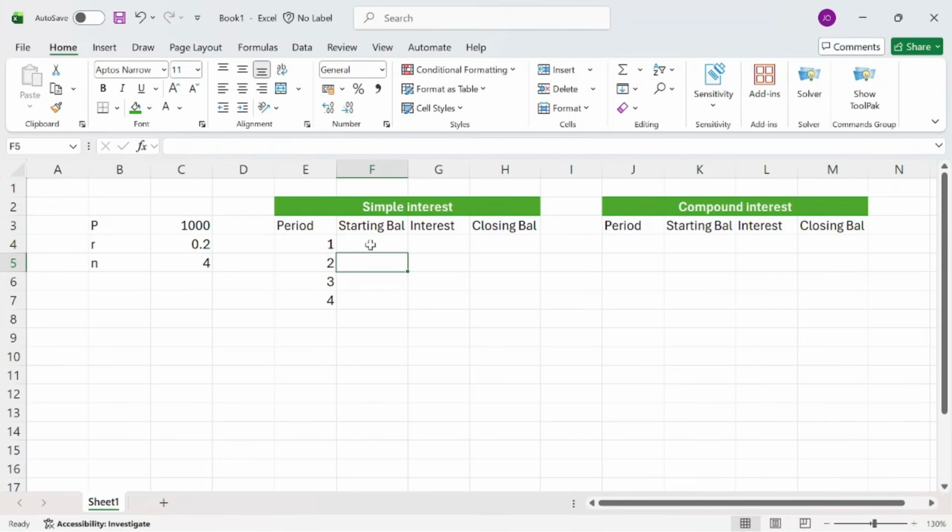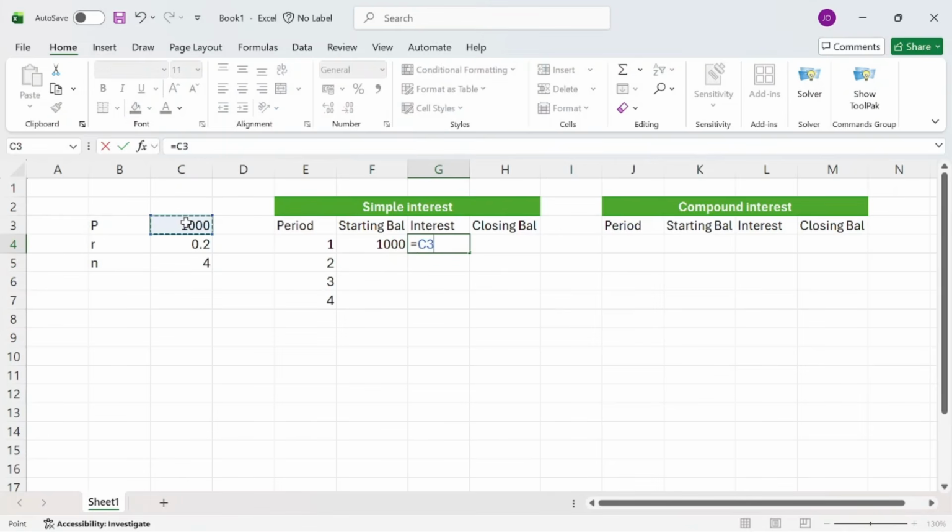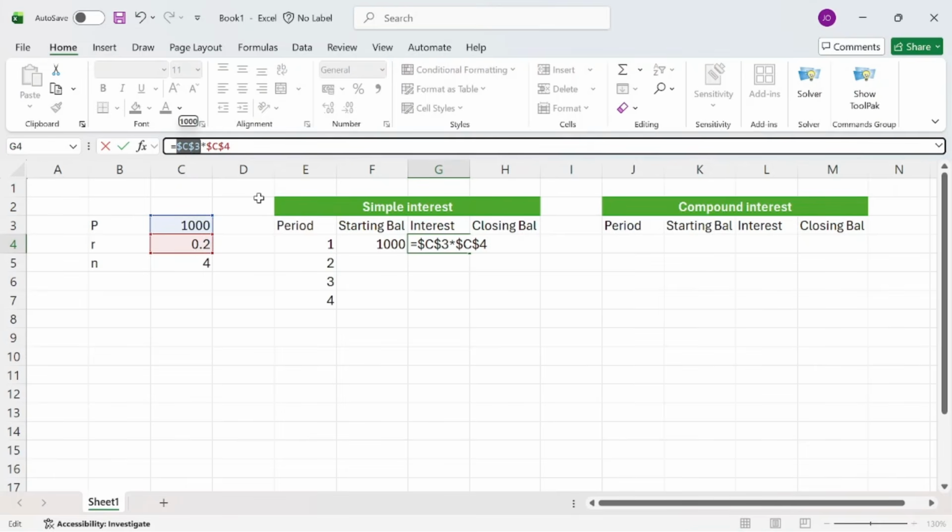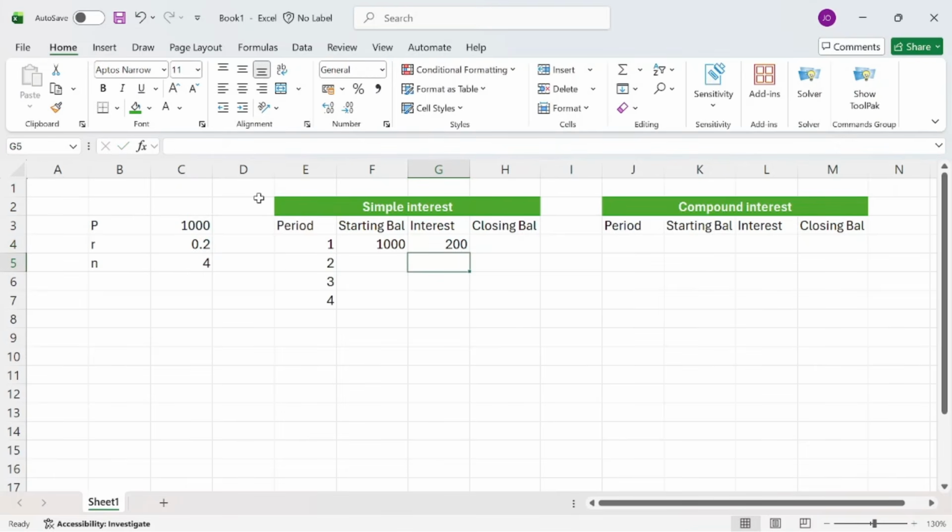And then after that, we said, for simple interest, the balance at the start of the period is what we invested. Now, the interest that we are going to earn is a product of this amount that we invested multiplied by the interest rate. Now, because it is going to be constant all through, we can simply lock this using the F4 in Excel, and then you can run that.